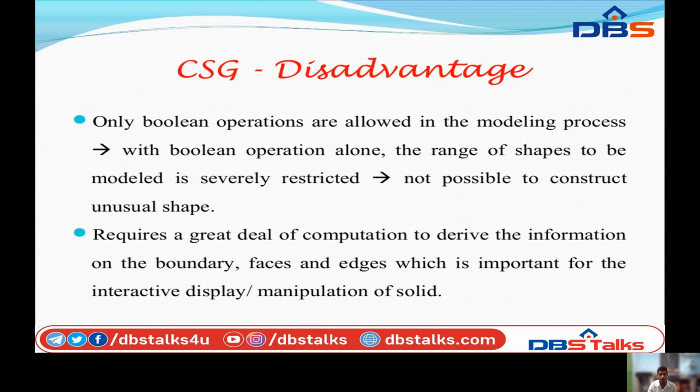Unusual shapes are not possible to construct. It requires information about boundaries, faces, and edges, which is important for interactive display. The main disadvantage is that unusual shapes cannot be constructed. Only usual shapes can be prepared using constructive solid geometry because of the CSG tree.